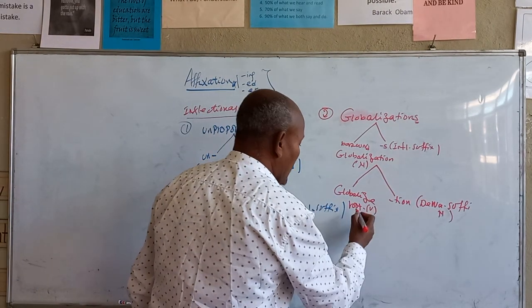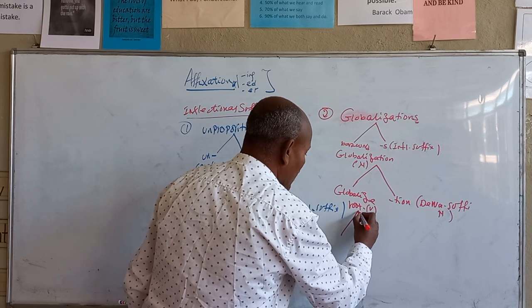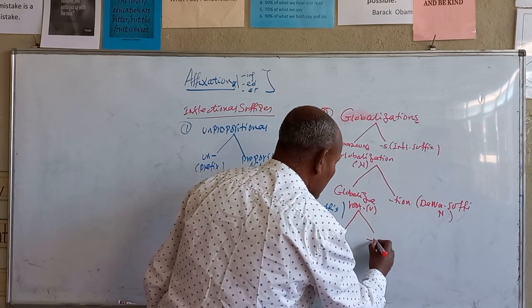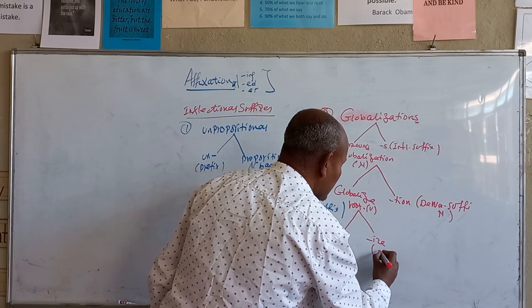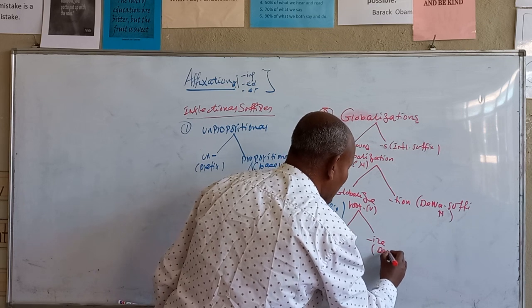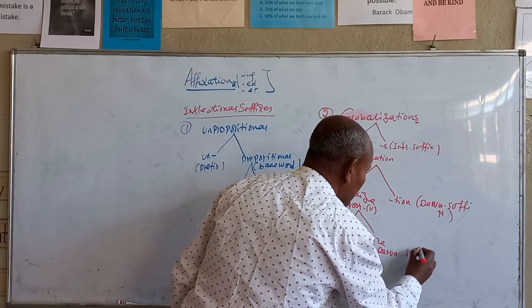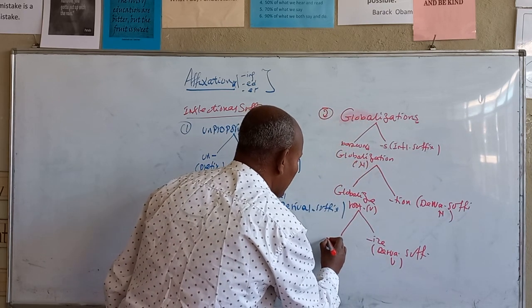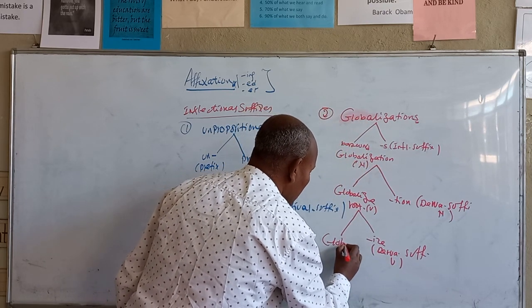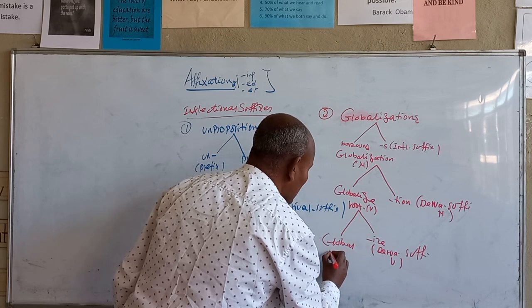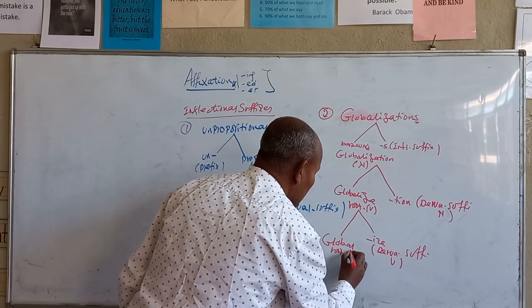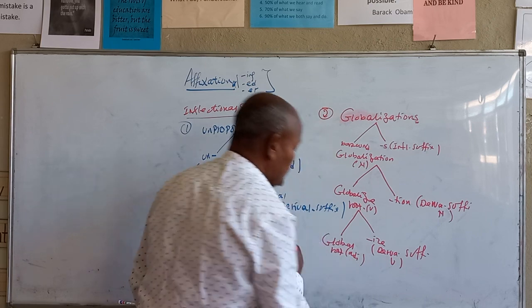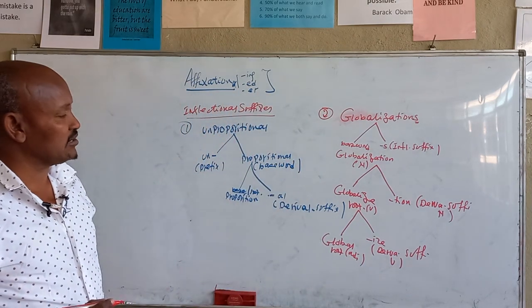So I can categorize this globalize this way. Look here. -ize, which is a derivational suffix, which makes a verb. And we left here global, which is the root word, and it is called an adjective here.